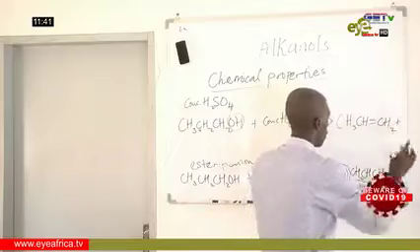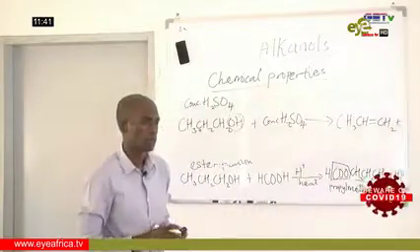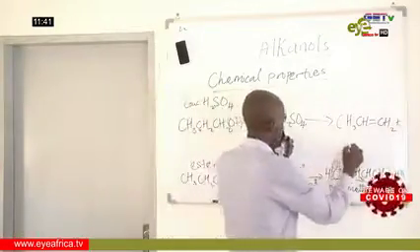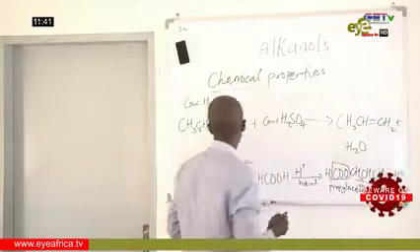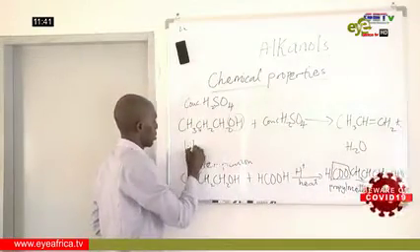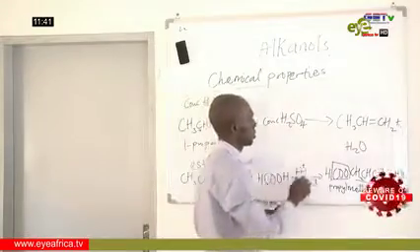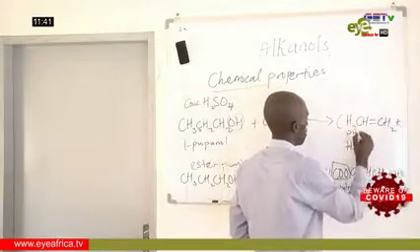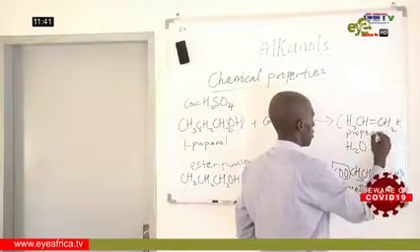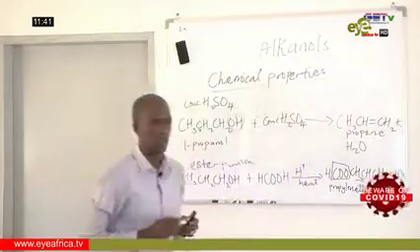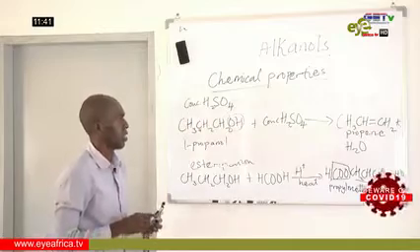So an alkene will be our product. So we have 1-propanol, producing propene. This could be used as a laboratory method to prepare alkenes in the lab.